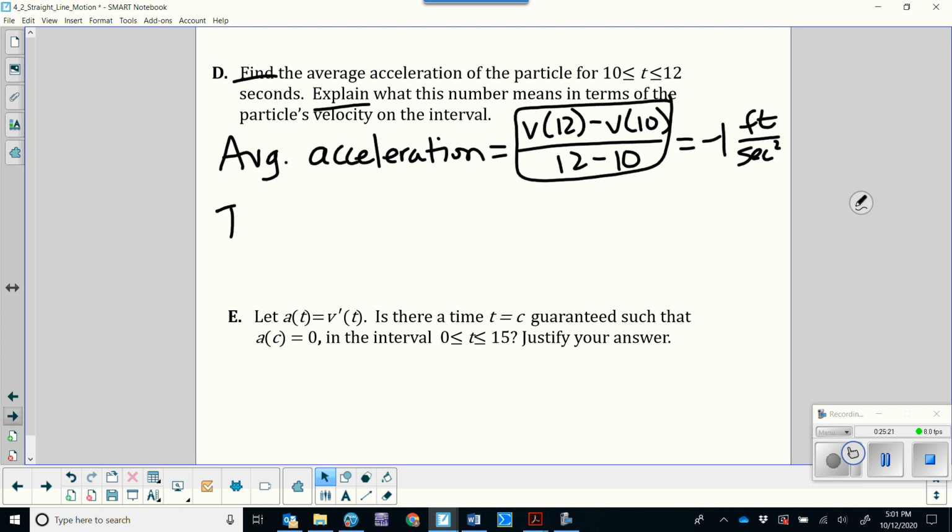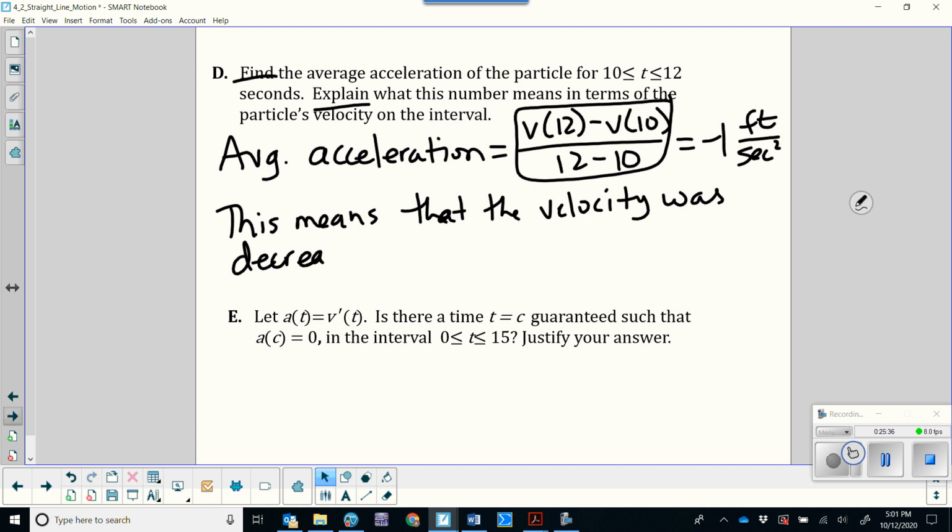So this means that the velocity was decreasing on average. That's the difference here, right?